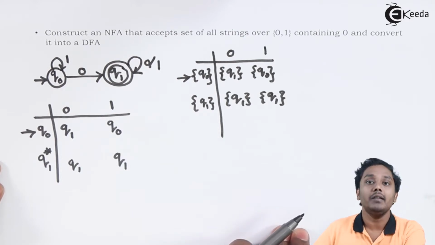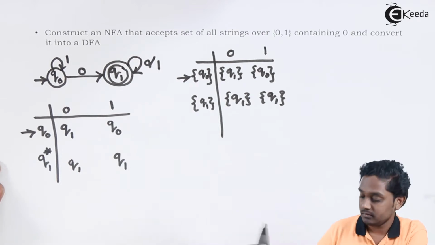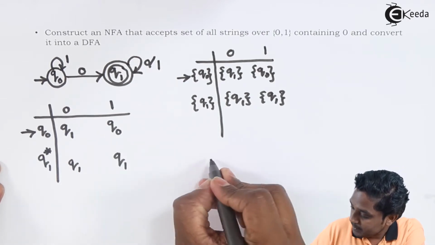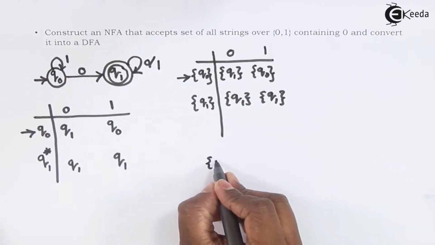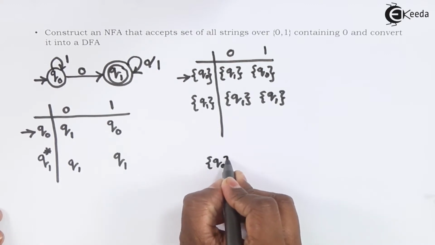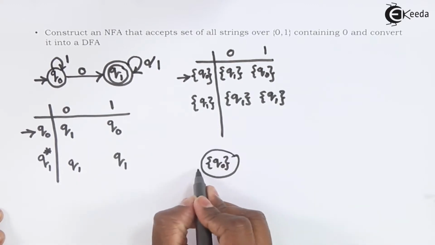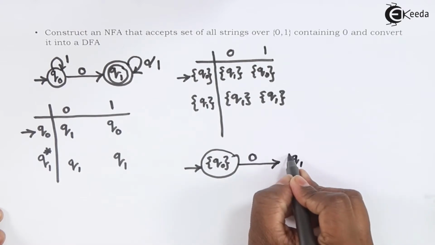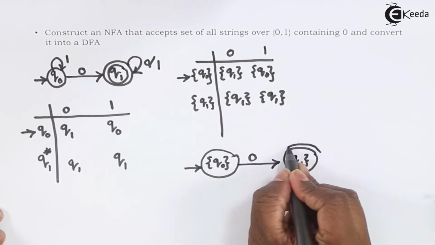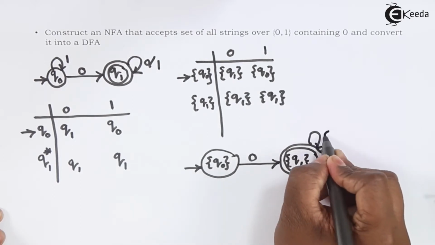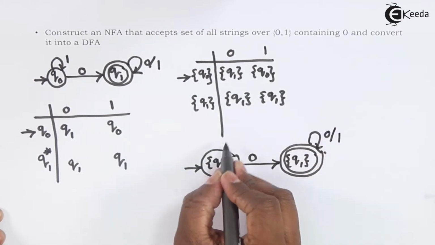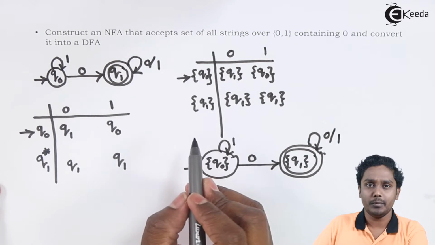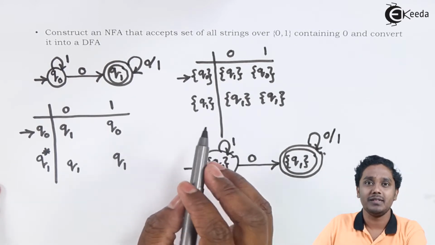Let us try to draw the DFA for the given table. From the transition table, we know that Q0 is the initial state.